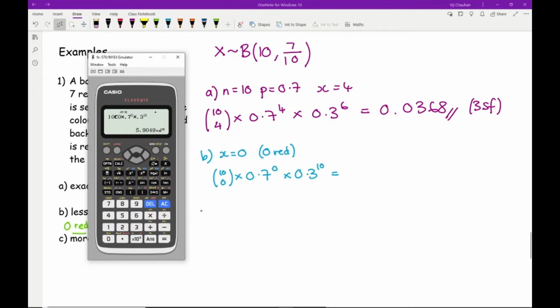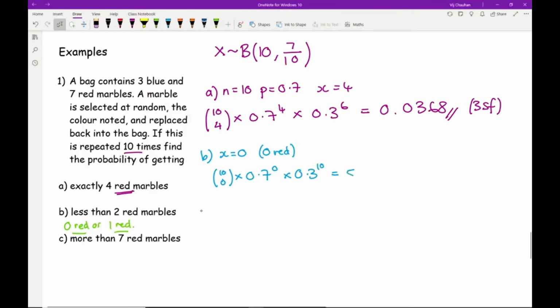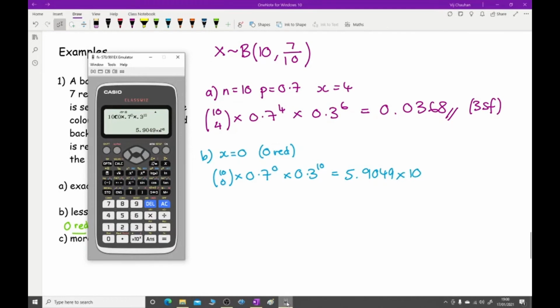Then it's going to be in standard form, so it's 5.9049 times 10 to the power of -6.